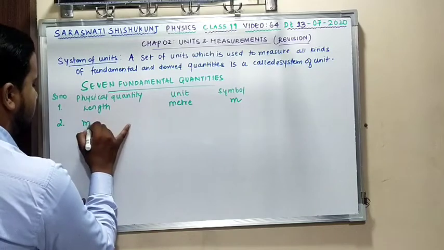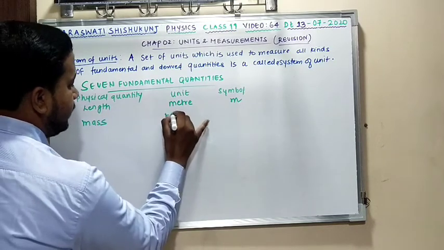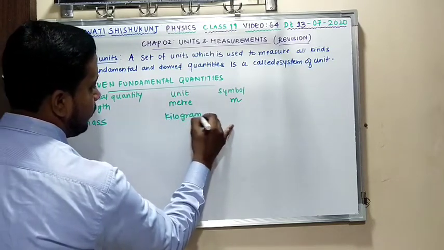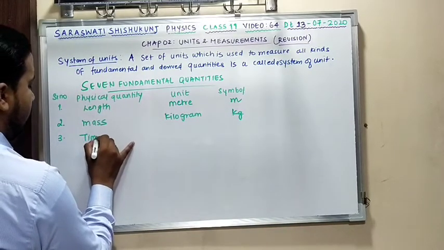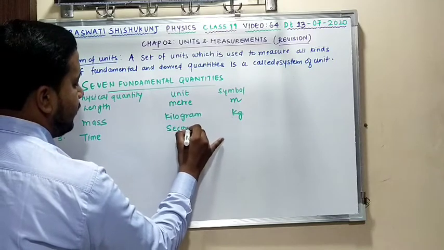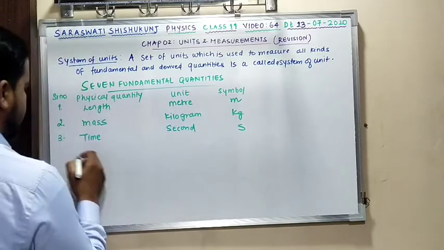Second, mass, unit is kilogram and unit symbol is kg. Third is time, unit is second, symbol is small s.